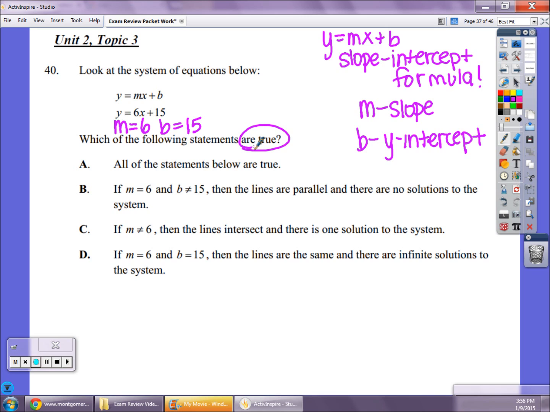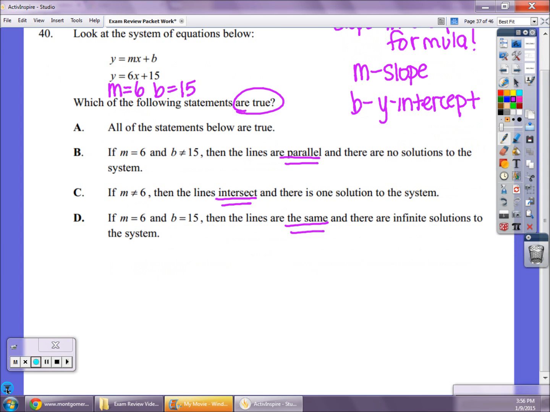So let's look at the possibilities. Our options are going to be, are the lines parallel? Do they intersect, or are the lines the same? So let's actually go over that really quickly before we answer the rest of this question. I'm going to make a little chart here.